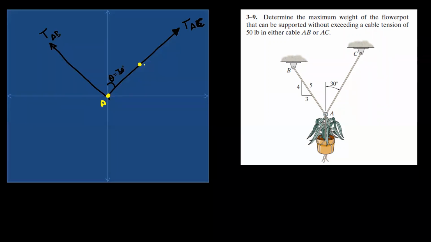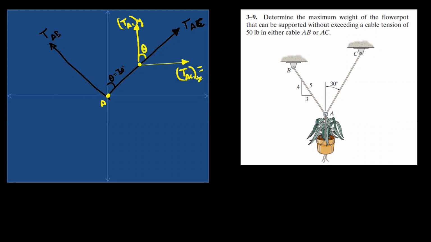From this point, draw the vector parallel to the x-axis and draw a second vector parallel to the y-axis. So this is the x component. I will write here tension AC x component, and here tension AC y component. This angle will be theta.